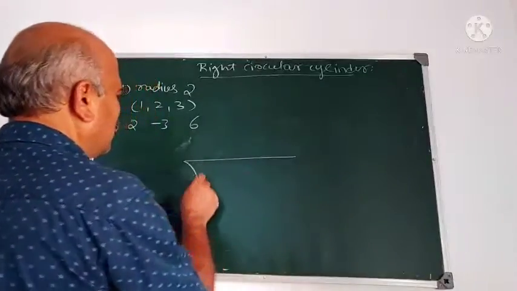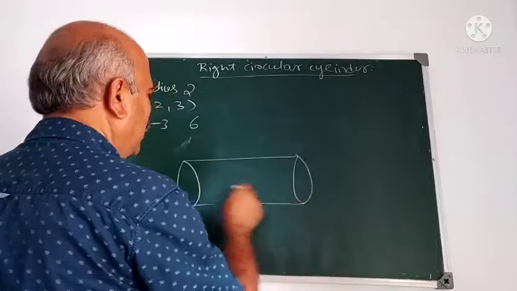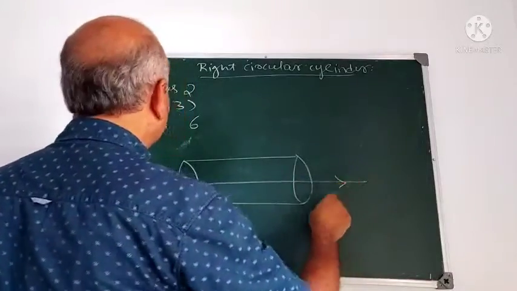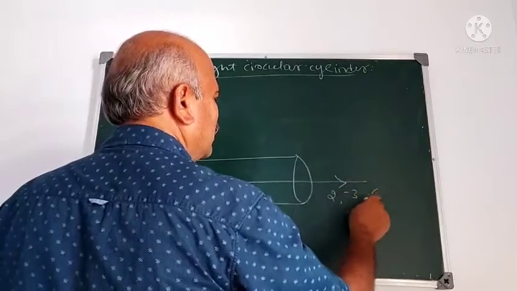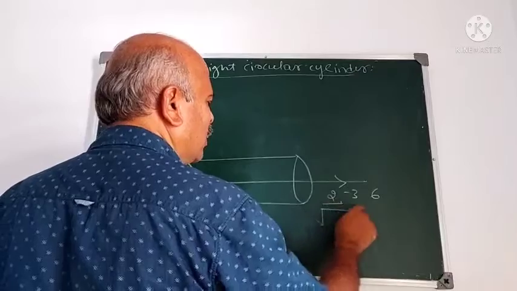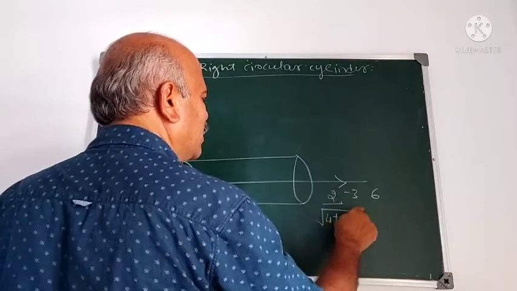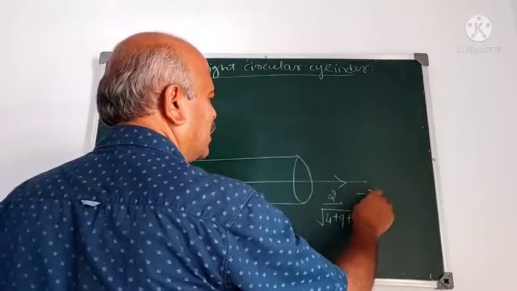I take the right circular cylinder like this. It is given its axis direction ratios are 2, -3, 6. Therefore, what are the actual direction cosines? 2 by square root of 4 plus 9 plus 36, -3, 6.